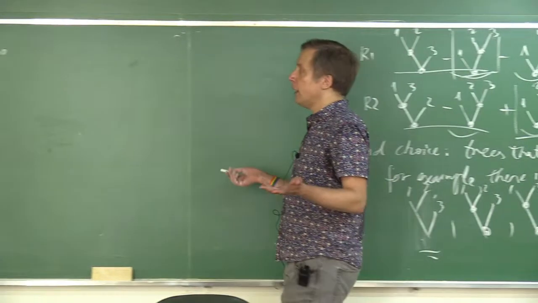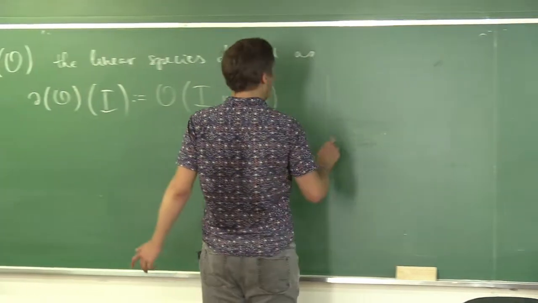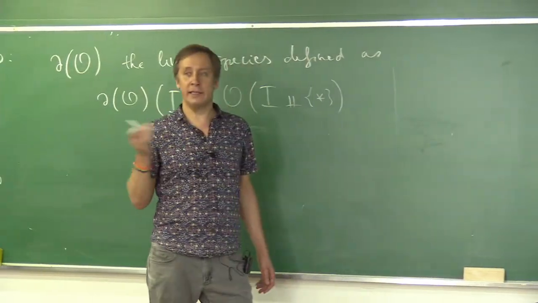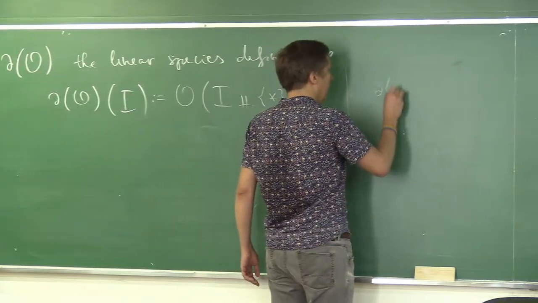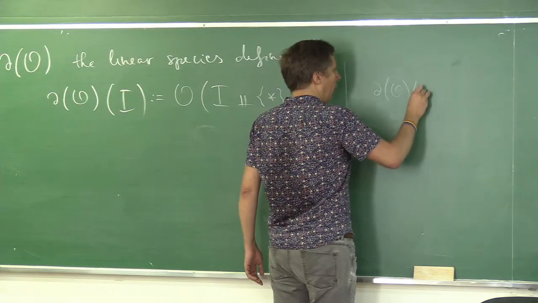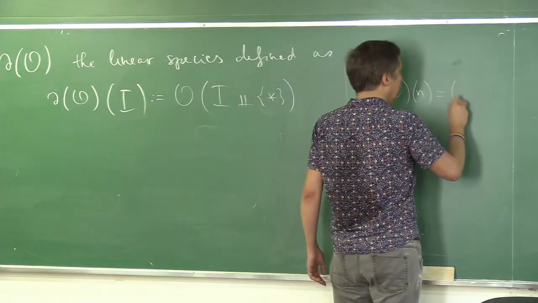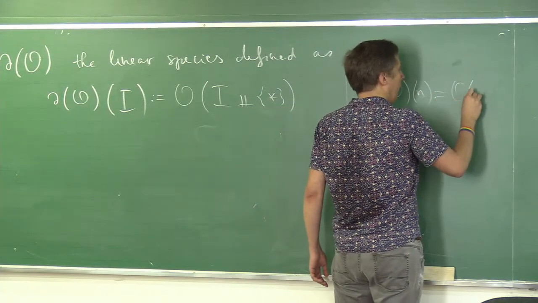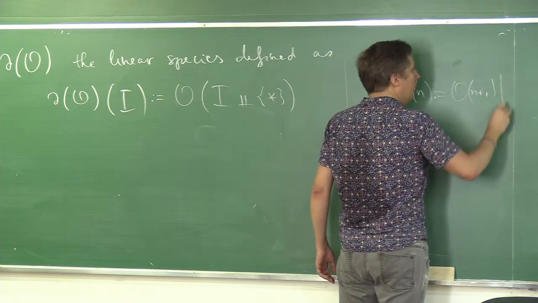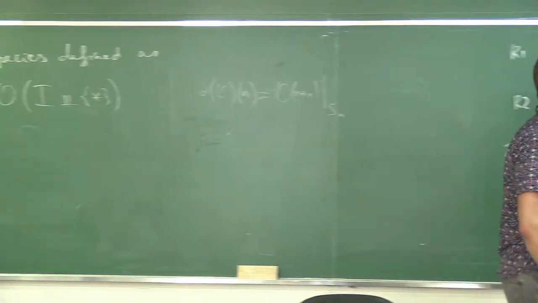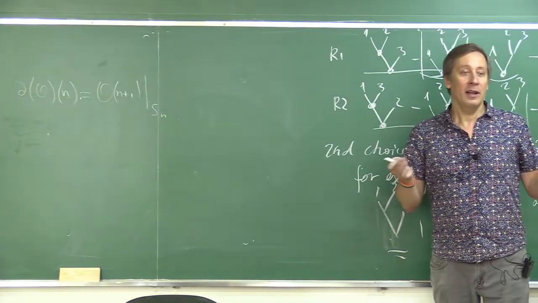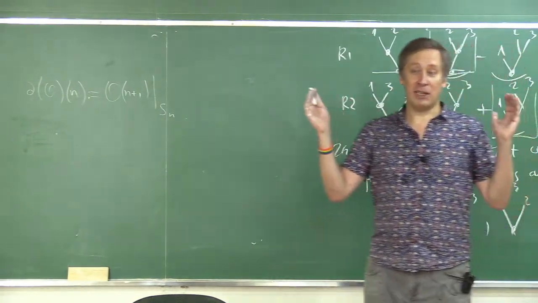On the level of symmetric sequences, D of O of n is O of n plus 1, which you restrict from S_{n+1} to S_n. So you have an operation with n plus 1 arguments.